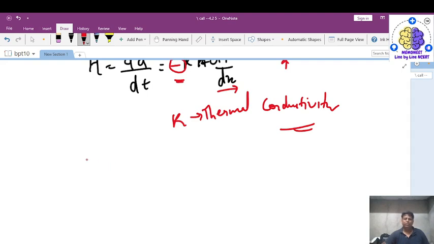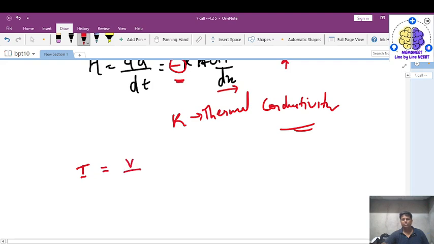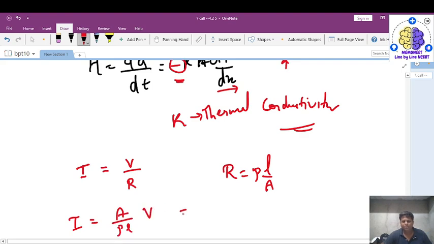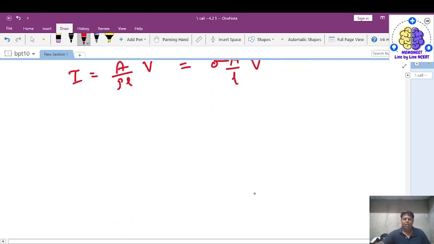If I compare it to the rate of flow of charge, which is written as current I, this is equal to V by R. And we know that R is equal to rho L by A. So I is equal to A upon rho L into V, which could be written as sigma A upon L into V.